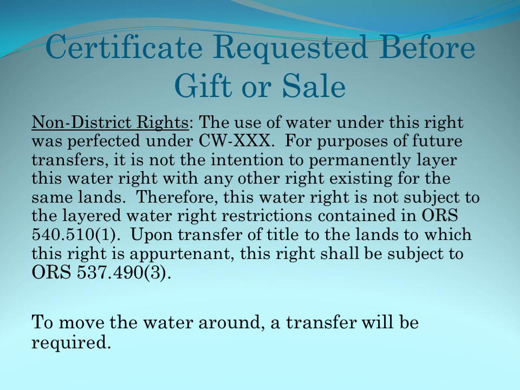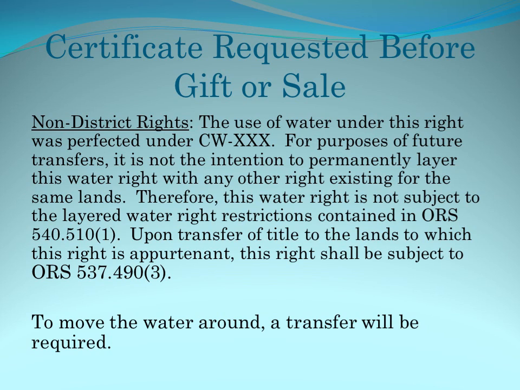The certificate issued will have the following. The use of water under this right was perfected under CW XXX. For purposes of future transfers, it is not the intention to permanently layer this water right with any other right existing for the same lands. Therefore, this water right is not subject to the layered water right restrictions contained in ORS 540.510(1).